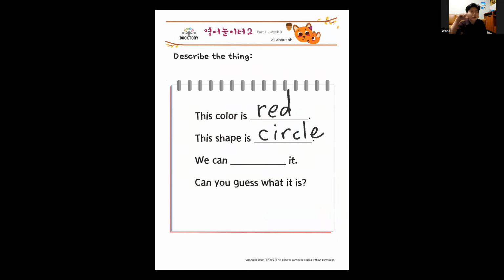It's close to a circle, not exactly a circle. And we can eat it. What is red, circle, and we can eat it? Can you guess what it is?